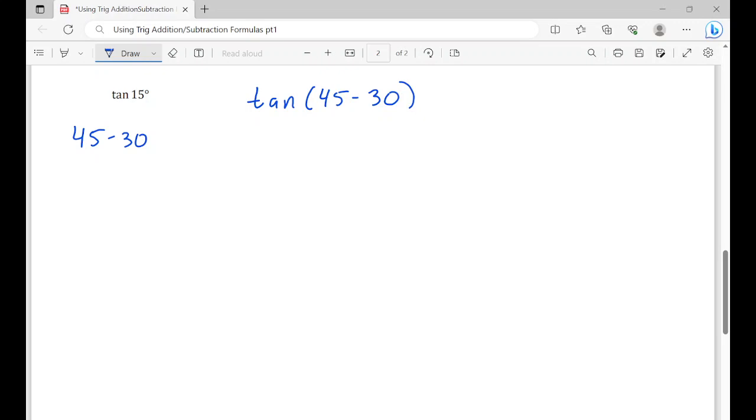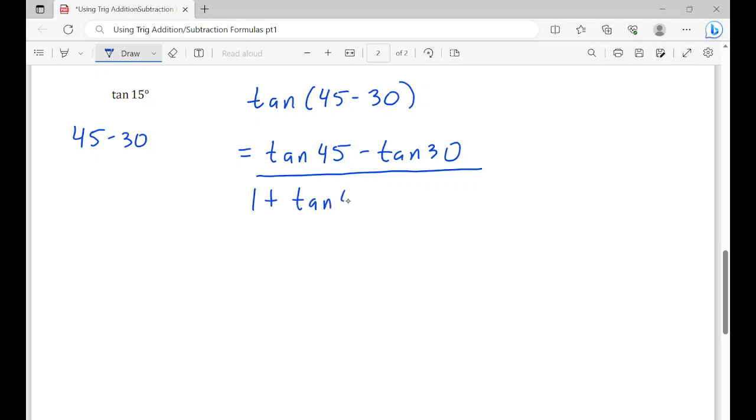So when I plug this into my tangent formula, I'm going to get tangent of 45 minus tangent of 30 over 1 plus tangent 45 times tangent 30.